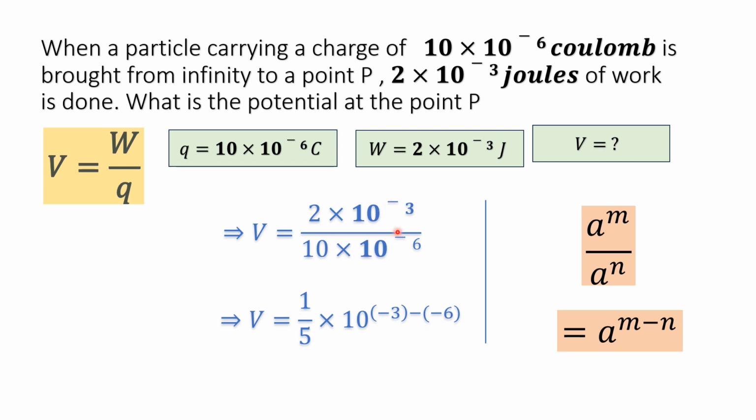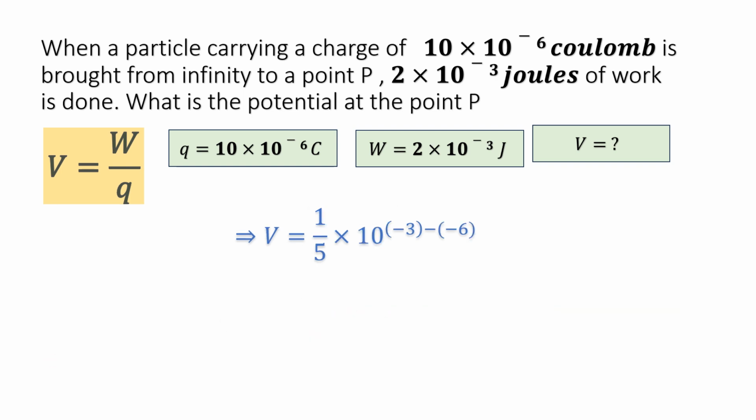The power on the numerator is minus 3, then we have minus for the formula, and then the power in the denominator is minus 6. So now let us solve just this portion. Here minus 3, minus and minus becomes plus, and then 6. In the next part I am writing minus 3 and plus 6, so it becomes 3.